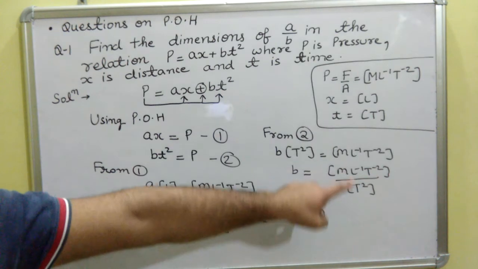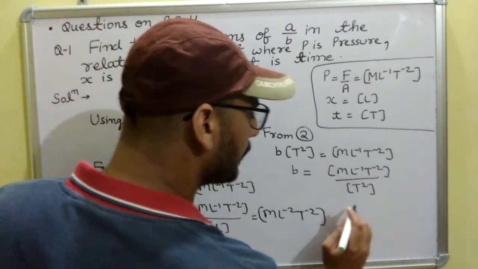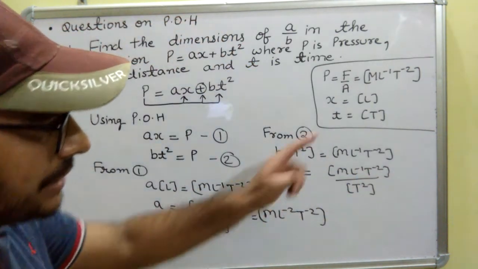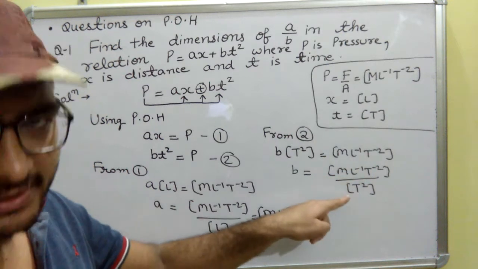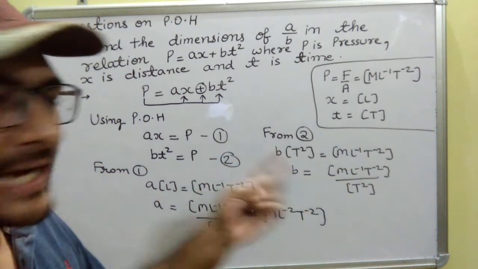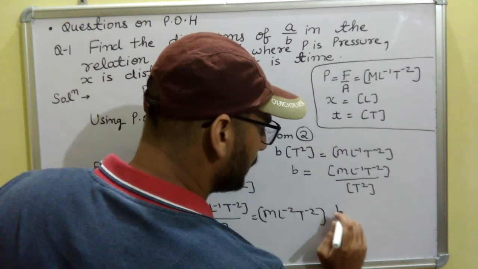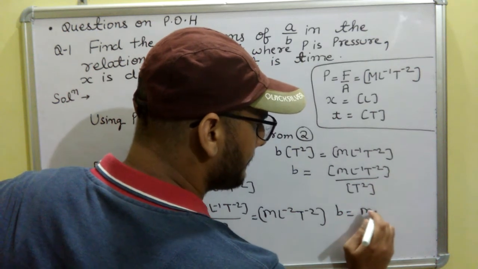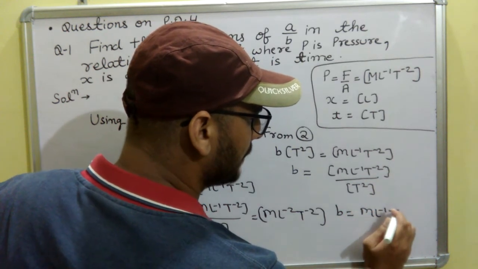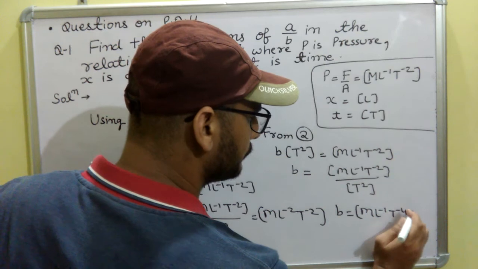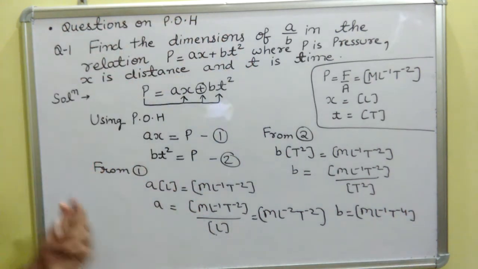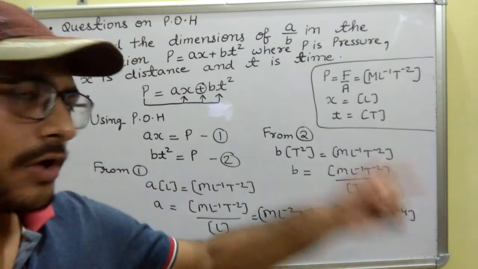Now this T squared will go upward in the numerator and it will become T^-2. So T^-2 already we have, another T^-2, so we will get T^-4. So B will be equal to ML^-1 T^-4. Look, we have got the dimensions for A and we have got the dimensions for B also.